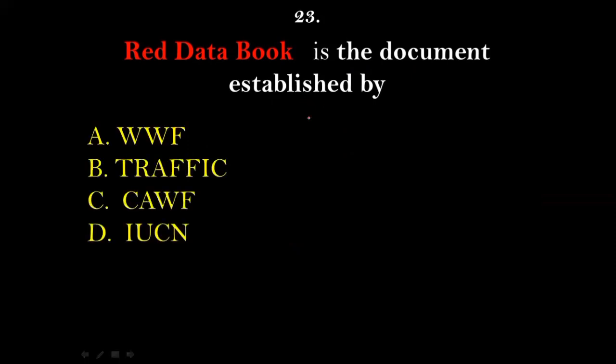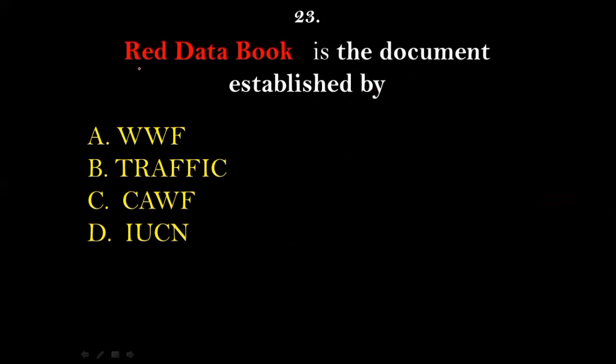Next, question number 23. Red Data Book is the document established by which of the following here? WWF, which means Worldwide Fund for Nature; TRAFFIC, which means Trade Records Analysis of Flora and Fauna in Commerce; CAWT, which means Coalition Against Wildlife Trafficking; or IUCN, which stands for International Union for Conservation of Nature.